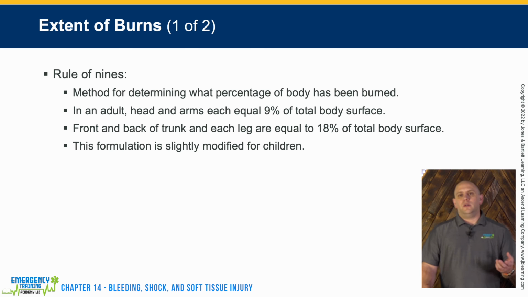And it's important that as we think about the rule of nines, this is only counting the 2nd and 3rd degree burns. If they have any 1st degree burns, that is not calculated into the percent of burn that they have on their body.